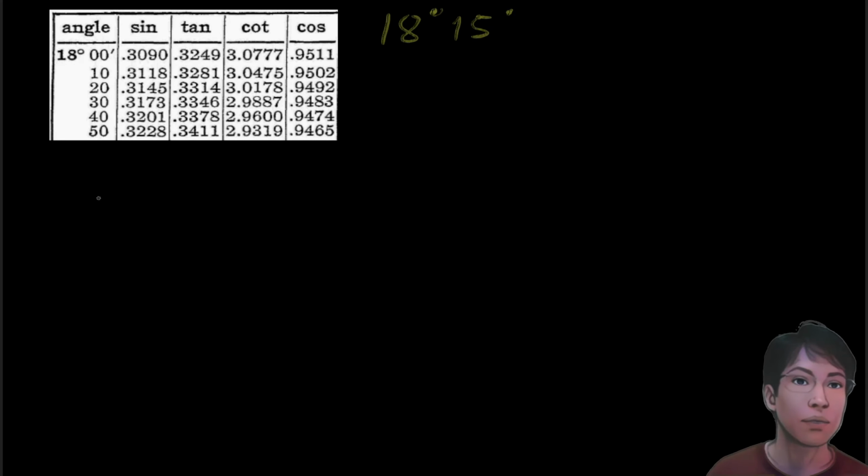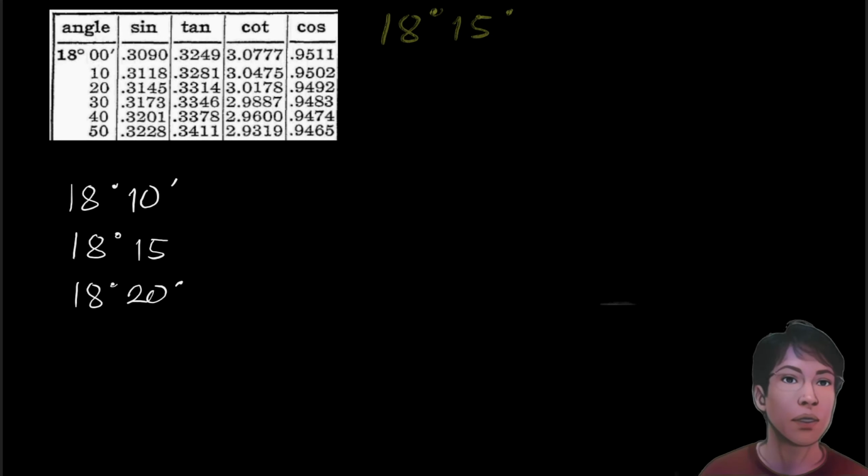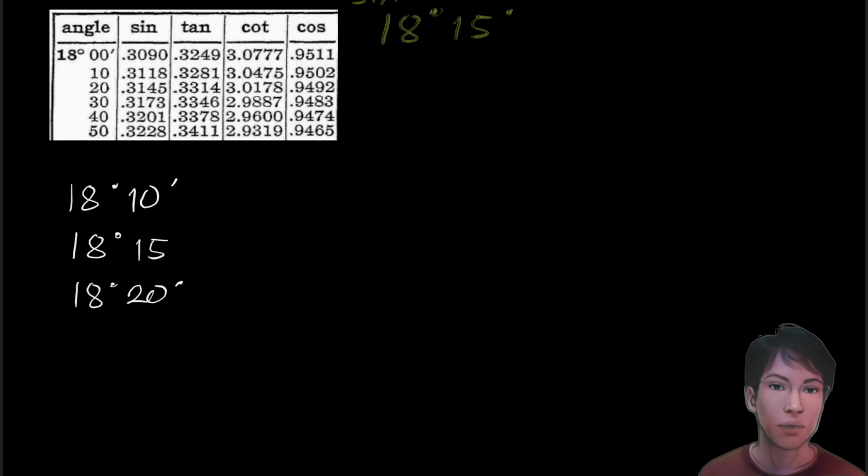So I'll write it like this: 18 degrees 10 minutes, and 18 degrees 20 minutes, and in between is the one that we are looking for. We are looking for the sine of 18 degrees 15 minutes.